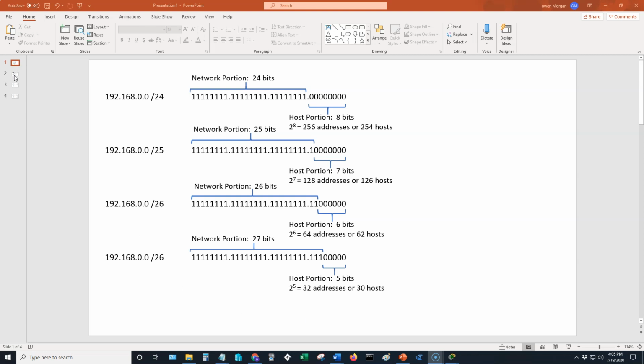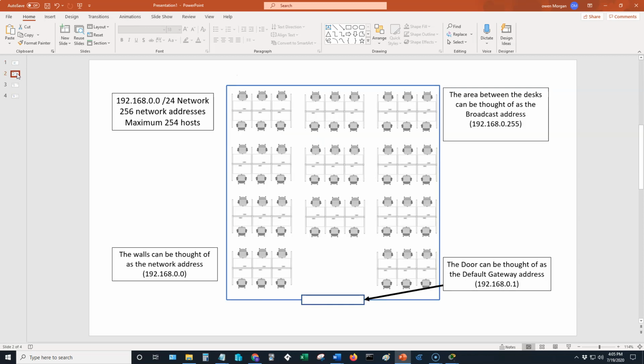So let's move on, and I want to look at this in the diagram. Here's a way that I like to teach students how subnetting works. Let's say we have this office building, and in the office building is a group of desks. If we say this is a /24 office building, we're saying that 254 maximum hosts, or in this case desks, can be within this building.